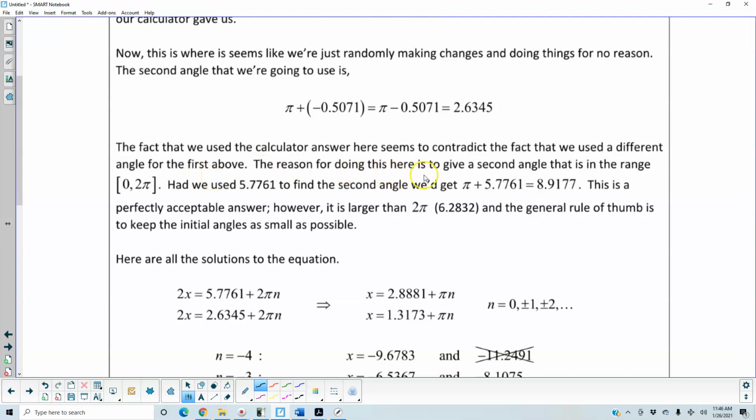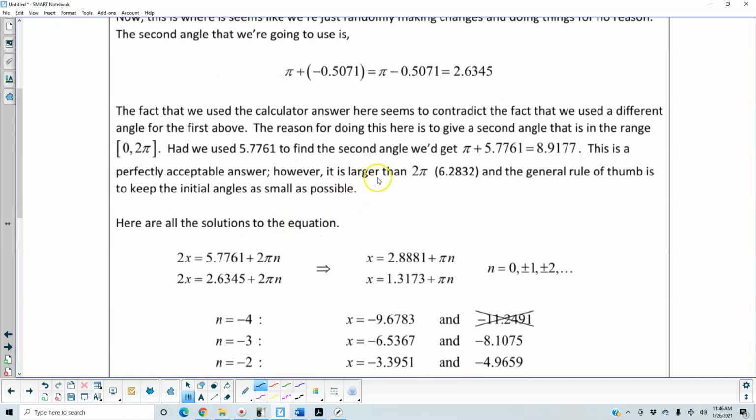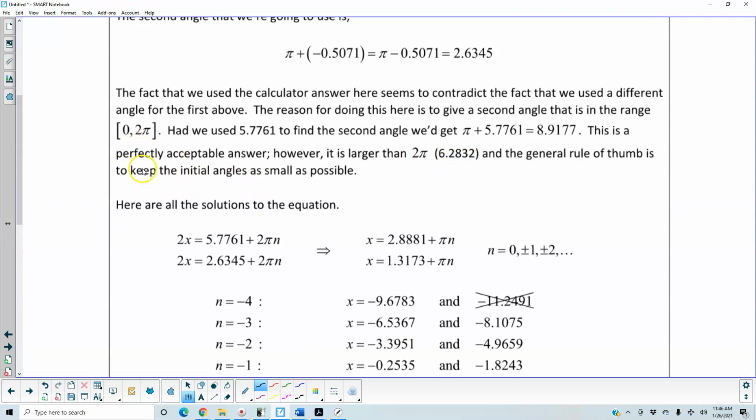The reason for doing this here is to give a second angle that is in the range between 0 and 2 pi. Had we used 5.7761 to find a second angle, we'd get pi plus 5.7761, which is equal to 8.9177. This is a perfectly acceptable answer. However, it is larger than 2 pi, 6.2832, and the general rule of thumb is to keep the initial angles as small as possible.